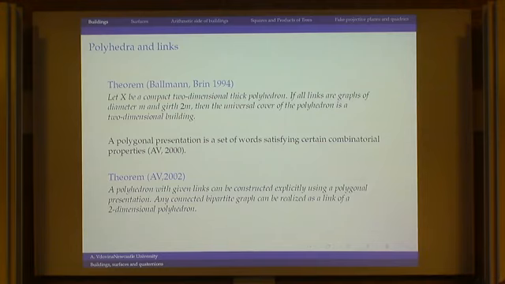Are the chambers always triangles? No, chambers can be anything. In Ballmann and Brin it was either triangles or squares, and actually they considered the Euclidean case. That's why I said this is a slightly modified version. But their proof works exactly the same for the hyperbolic case as well.